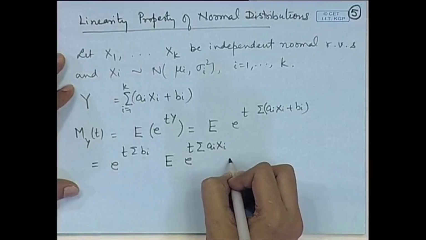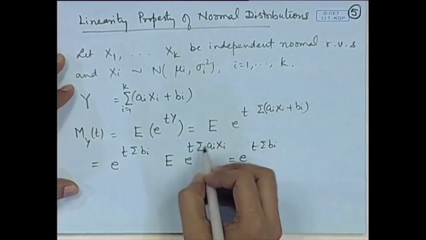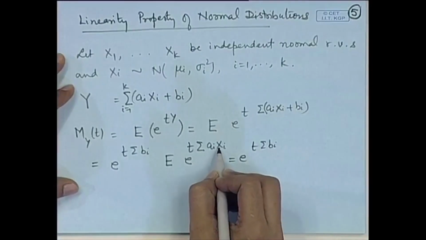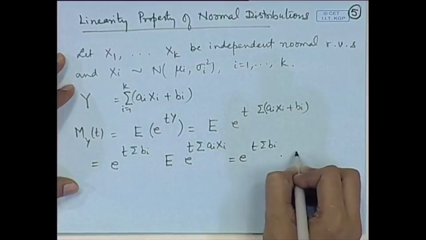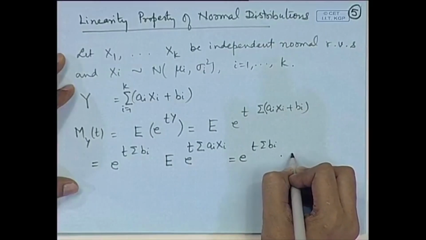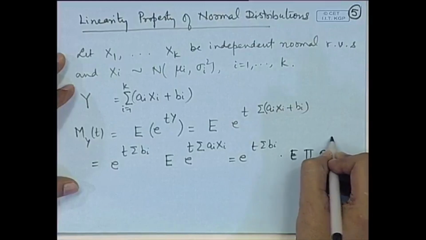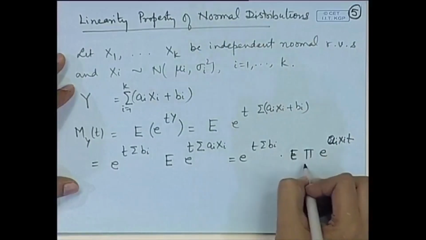Now, this we can express as e to the power t sum of bi, and this term we can split. We can consider it as the expectation of the product of e to the power ai Xi t.